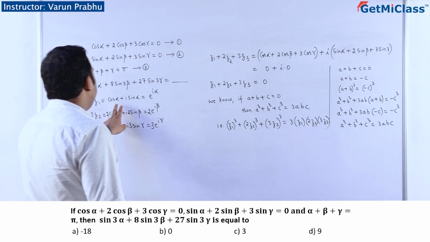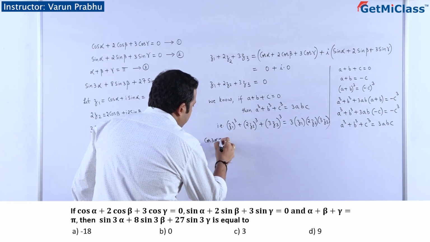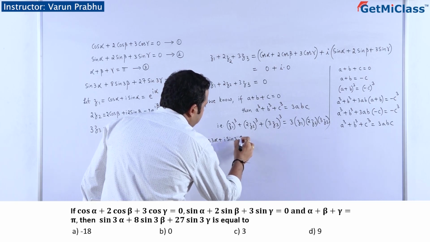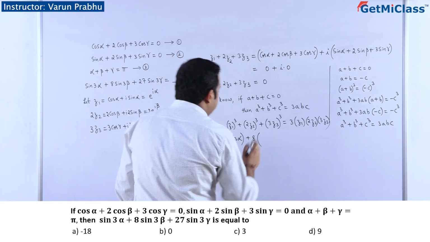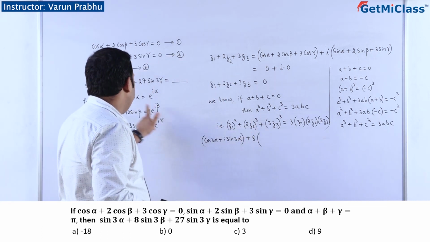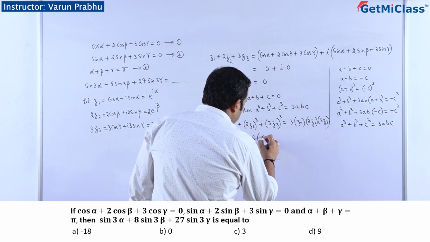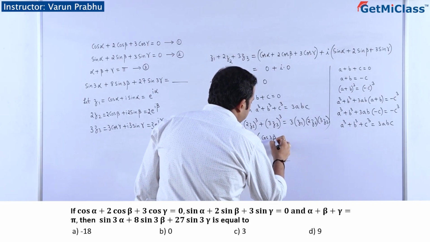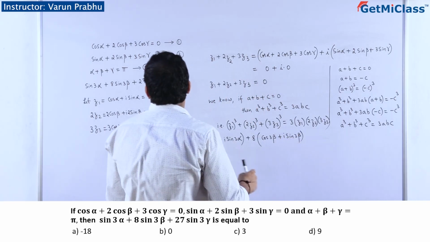Now z1 cube will be equal to cos 3 alpha plus i sin 3 alpha by De Moivre's theorem. Plus 8 times z2 cube, 2 cube is 8, where z2 cube is cos 3 beta plus i sin 3 beta.